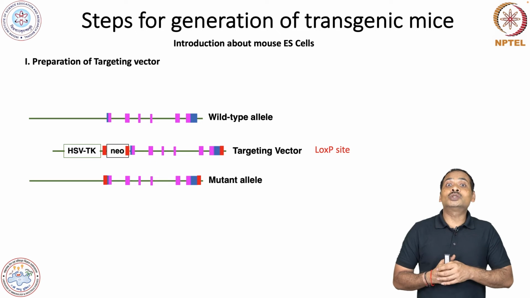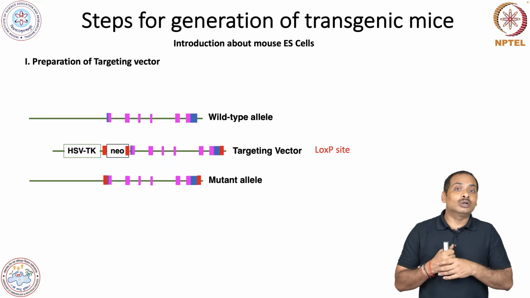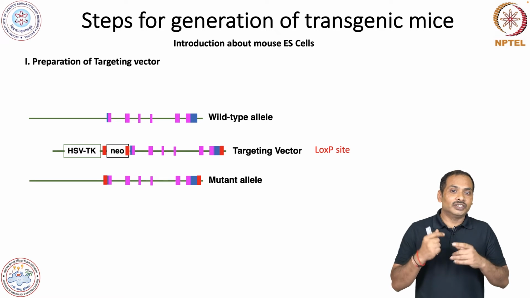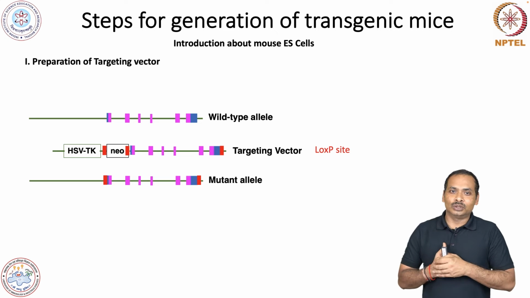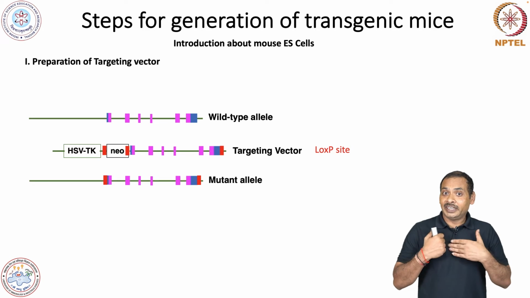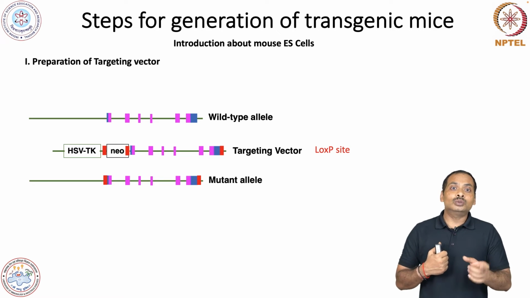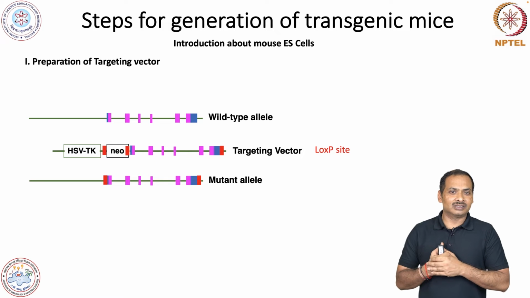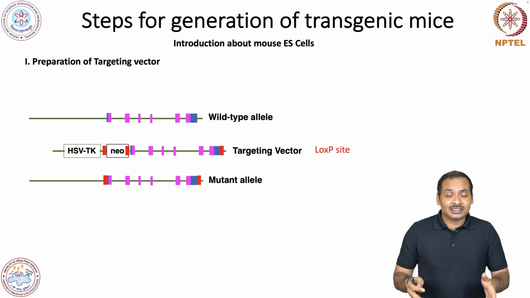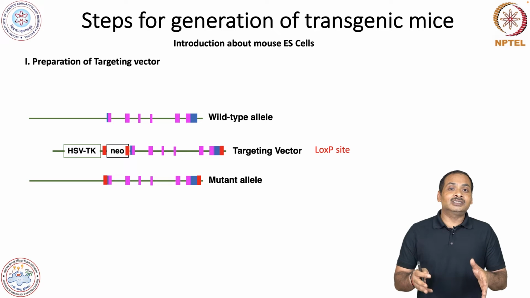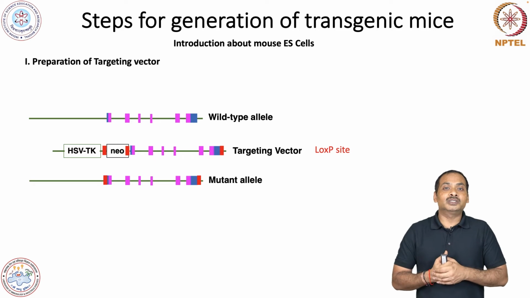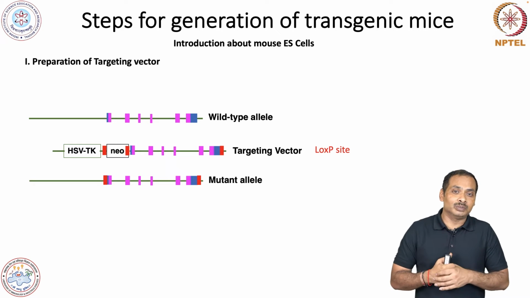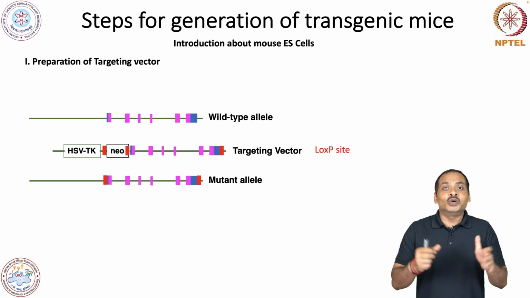But here you can't afford to incorporate mutations. If you incorporate mutation, then that will not be good. Here my aim is not to disrupt any genomic sequence, and in those circumstances you have to clone a big chunk of DNA, say 10 kilobase pair, 11 kilobase pair, or maybe 12 kilobase pair, which is very difficult.